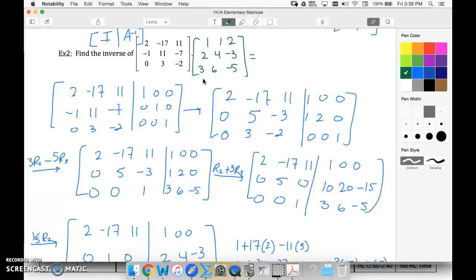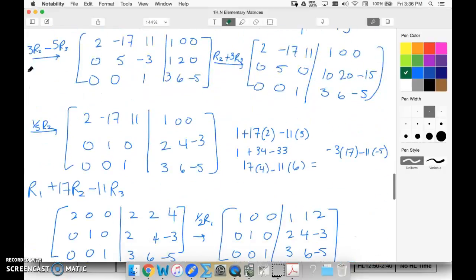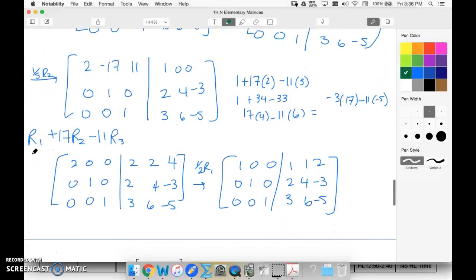So again, keep checking it out. Hopefully we end up with the identity. 0, 0, 1. And that's how we can put together how we can find the inverse without actually memorizing any formulas and just using row operations. So it's a really nice way to find an inverse, and you can find the inverse of any square matrix this way, assuming that the determinant is not 0, of course.